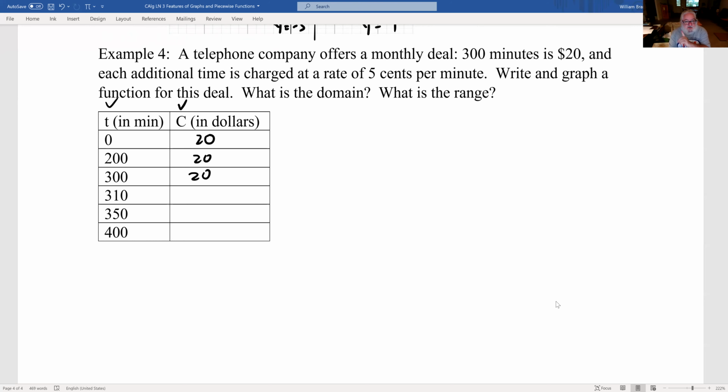How much are you charged if it's 310 minutes? Well, that can be broken up into 2 pieces: 300 minutes plus the extra 10 minutes you talked for. That 300 minutes is $20. This 10 minutes is charged at 5 cents a minute, so that's 50 cents.